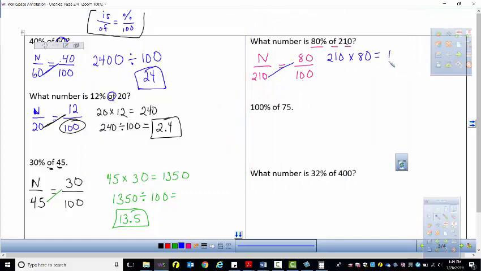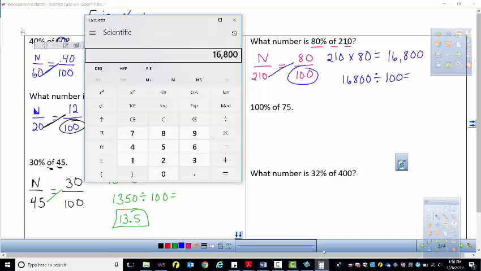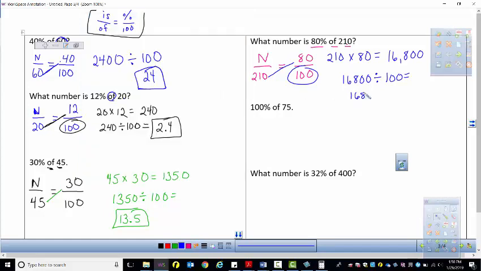So I get 16,800. And then I need to divide by this one. And when I do that in my calculator, if I divide by 100, I get 168 is my answer.